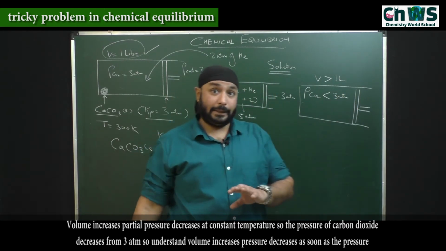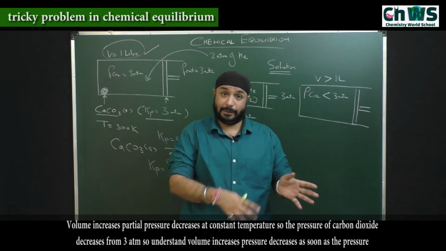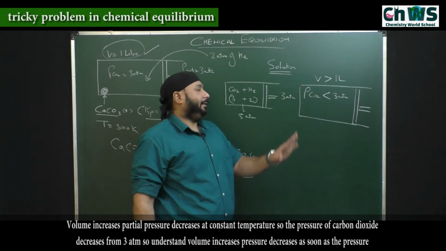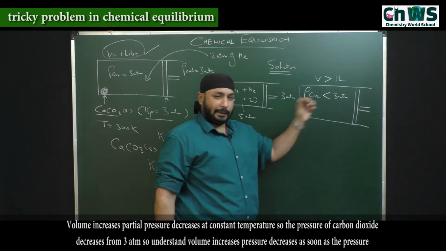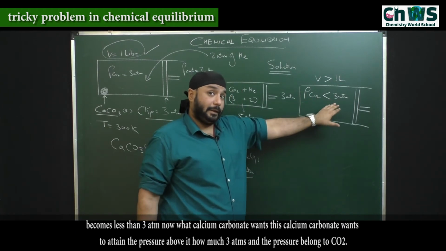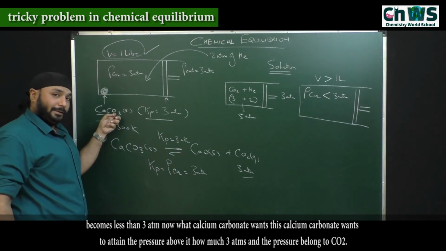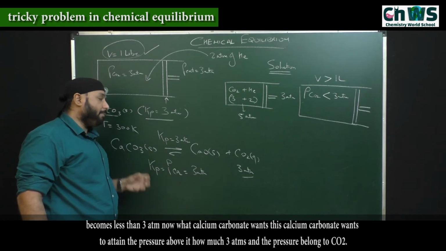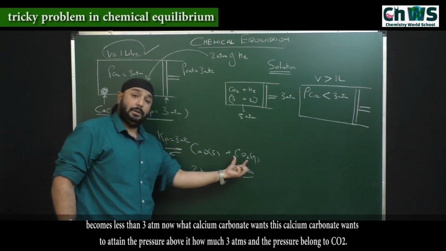If the volume increases, the partial pressure decreases at constant temperature, so the pressure of carbon dioxide decreases from 3 atm. So now understand, piston moves out, volume increases, pressure decreases. As soon as the pressure becomes less than 3 atm, what does calcium carbonate want? This calcium carbonate wants to attain the pressure above it, how much? 3 atm, and that pressure belongs to CO2.